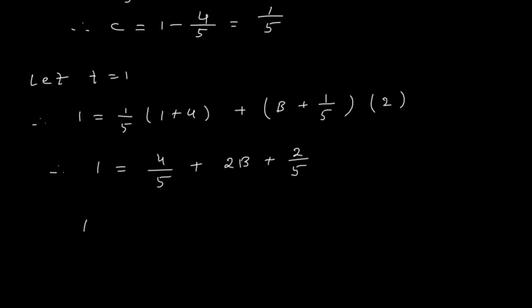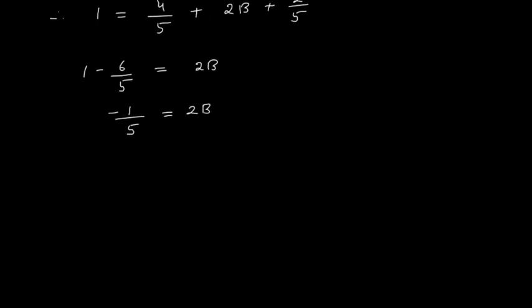So 1 minus 6 upon 5 is equal to 2b. So 5 minus 6 is minus 1 upon 5, which is equal to 2b. So this gives us the value of b. Therefore b is equal to minus 1 upon 10. This is the value of b.